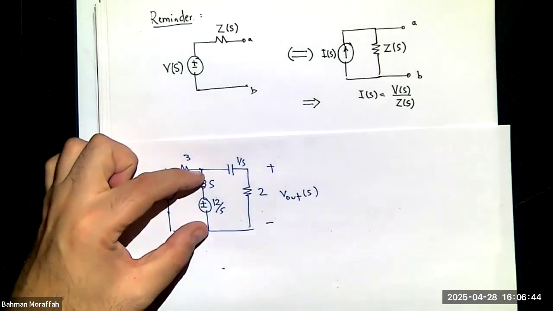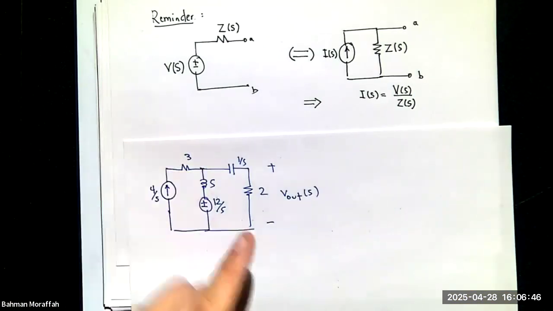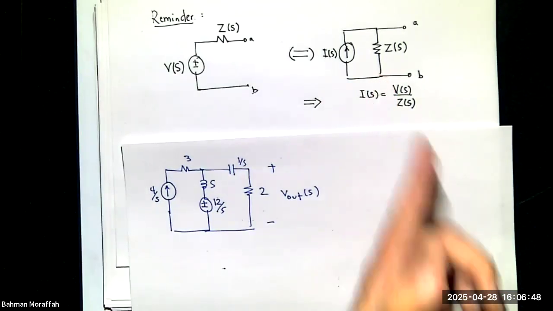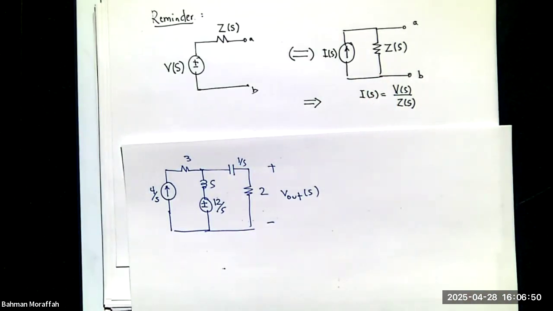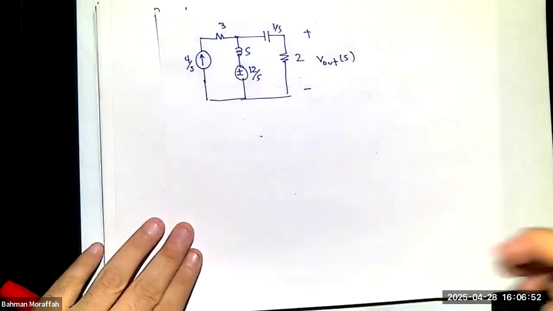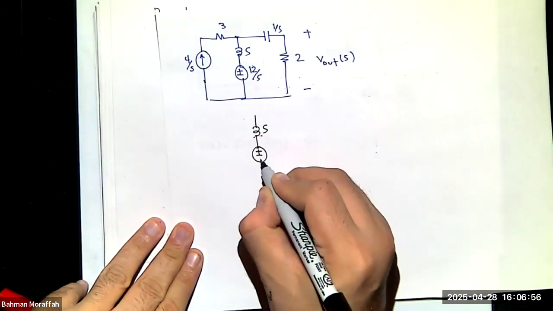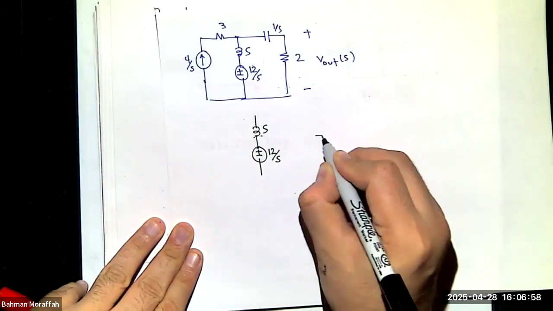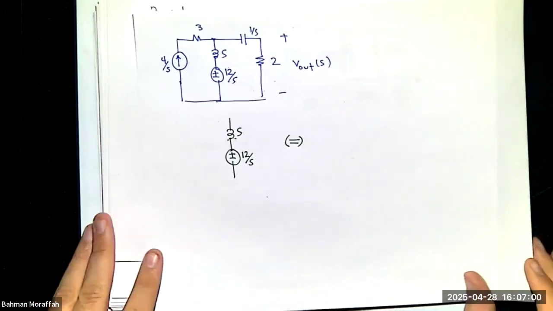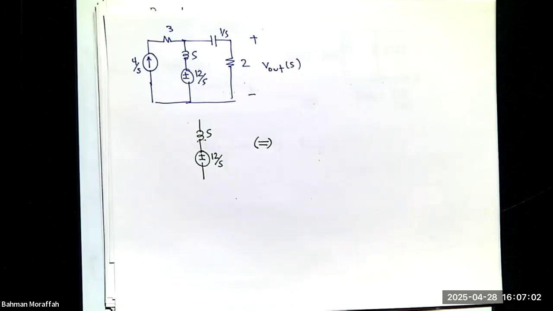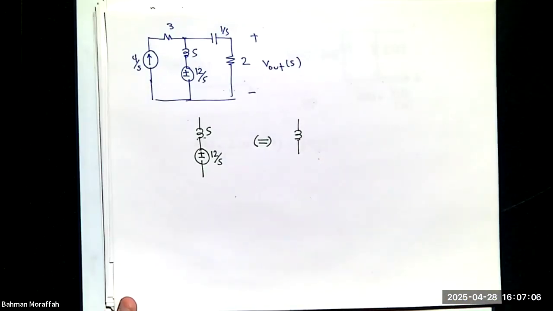Do you agree I can replace this portion of the circuit by something that looks like this? Right? So if I have S and 12 over S, I can replace this by a circuit with, what is the impedance of the circuit?